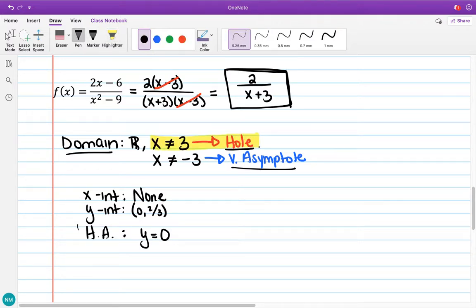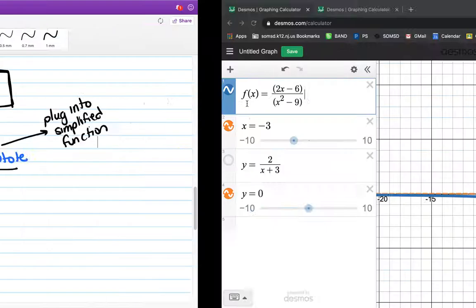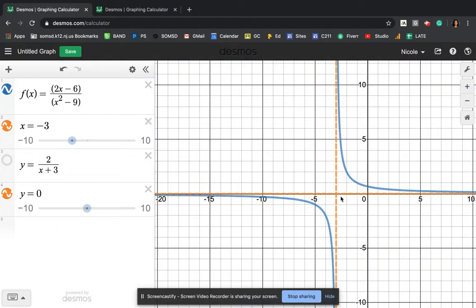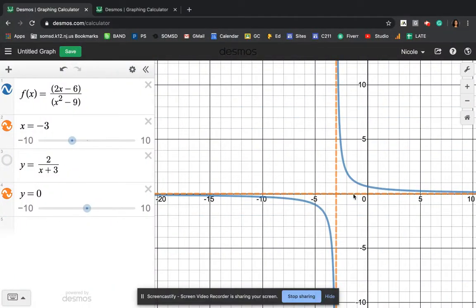In order to find the point, we need to plug 3 into the simplified function. The reason we want to plug it into the simplified function is because it's going to be undefined in the original function, since it gives me a 0 in the numerator and the denominator. We want to know when we plug in 3, where's the function?